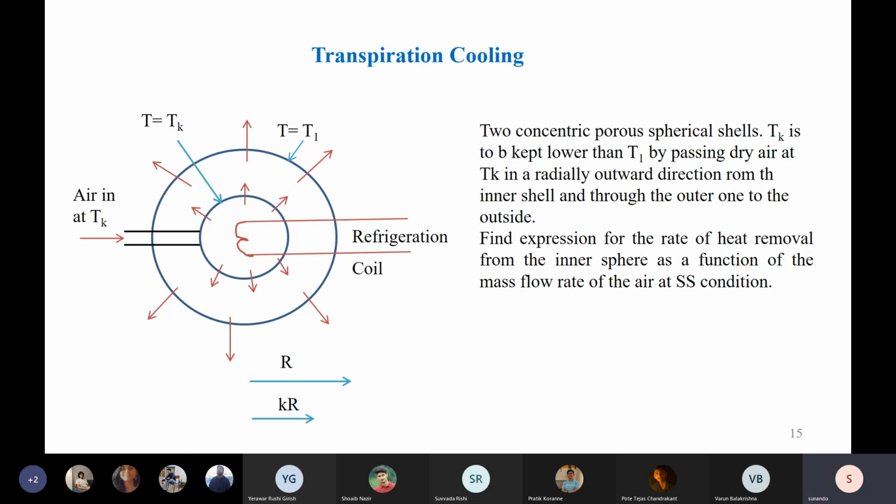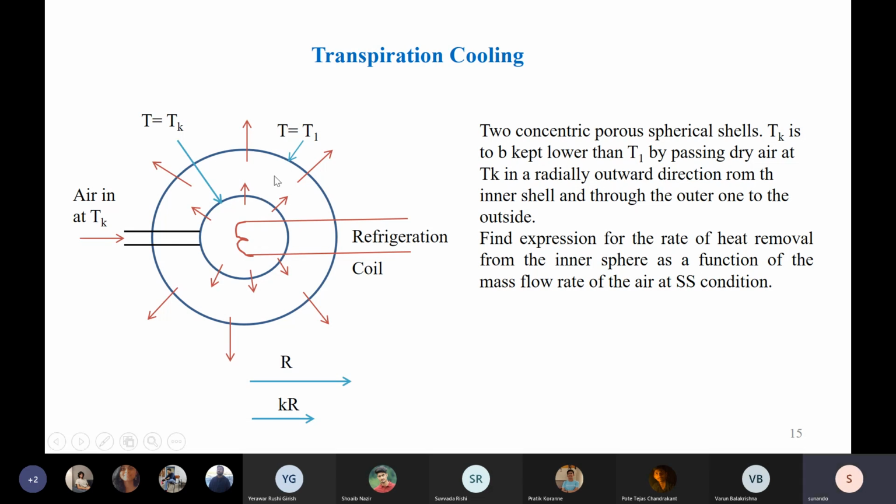Now, if you consider this problem, first think about the case where I do not have airflow in like this. So this is at T_k, and the outer one is at T1, and we have air in between. Since there is no flow, the heat to be extracted by the refrigeration coil must be equal to the heat which comes by conduction through the air to the inner sphere.